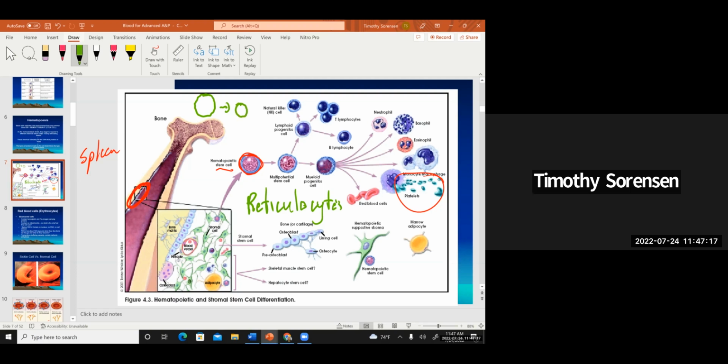Now, reticulocytes can be important to measure if you think someone is bleeding. So for example, if their total red blood cell count is low, and they have no history of any active bleeding, they didn't cut themselves, or their period wasn't really bad, then what a doctor will do is look at a reticulocyte count.